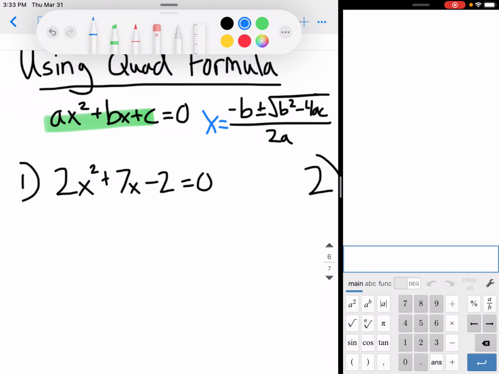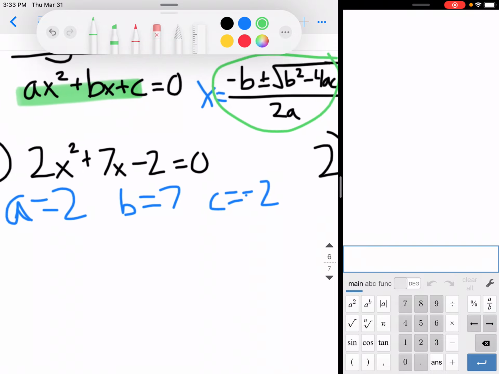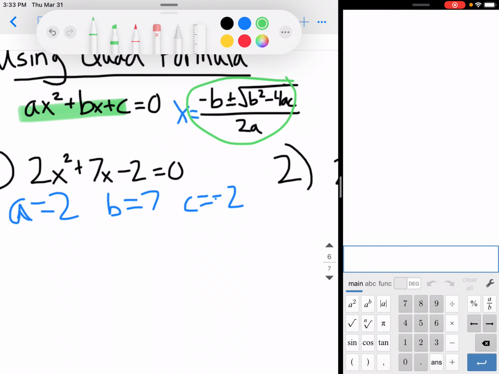All right, so this first one, what we need to do is identify what is A, B, and C. So A in this problem is equal to 2, B is 7, and C is equal to -2. Now what I'm going to do is plug those numbers into my formula right up here. When I go for negative B, that's going to be -7 plus or minus the square root of b squared.